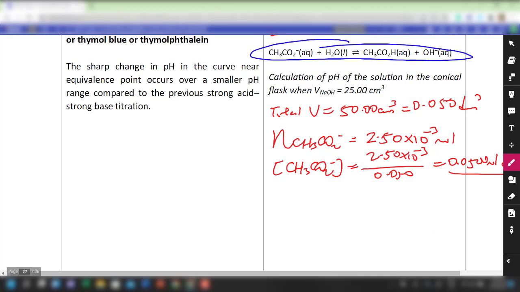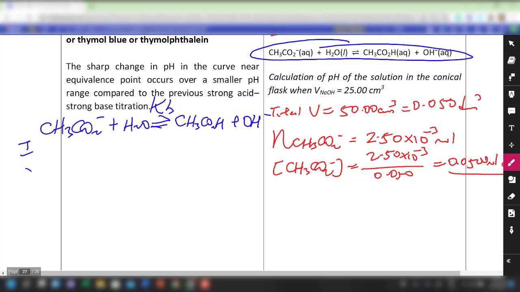Okay, so this particular equation represents the salt hydrolysis of ethanoates, with H2O in equilibrium to give us ethanoic acid and OH minus. I am defining Kb over here. So with an ice table, the initial concentration of ethanoate is 0.050.